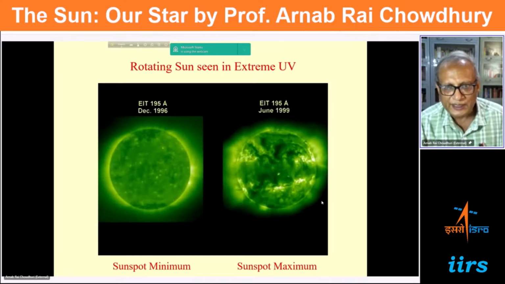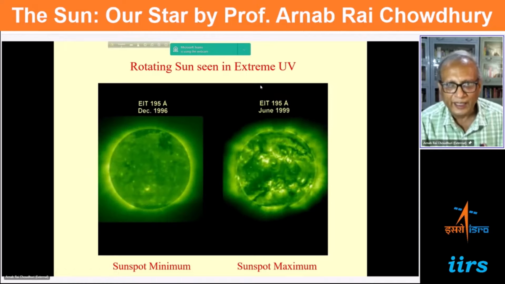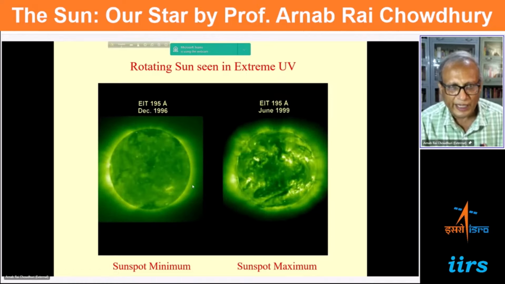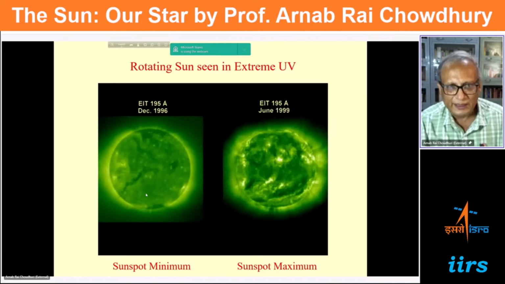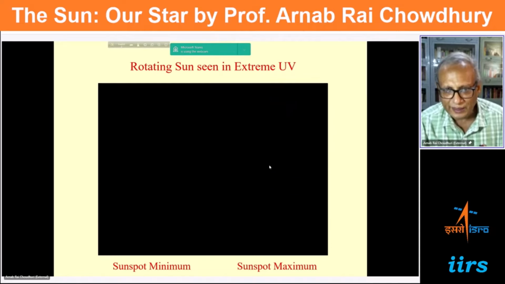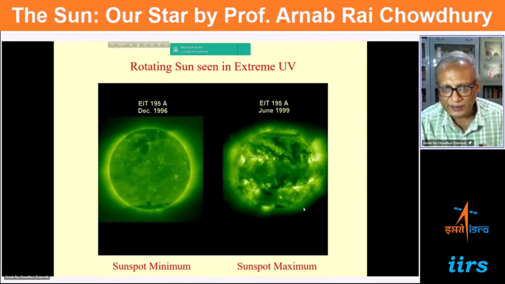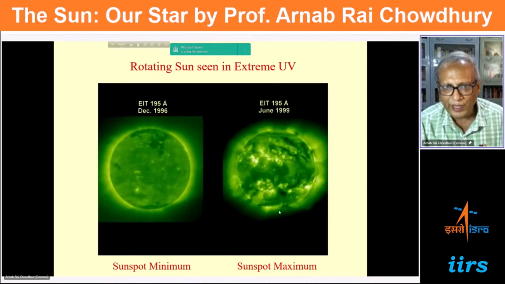So here you see images of the solar corona in the extreme ultraviolet taken from space. On the left side, you see this image of the rotating sun taken during sunspot minimum, and here it is taken during sunspot maximum. So you see that the solar corona appears quite different at different phases of the sunspot cycle.